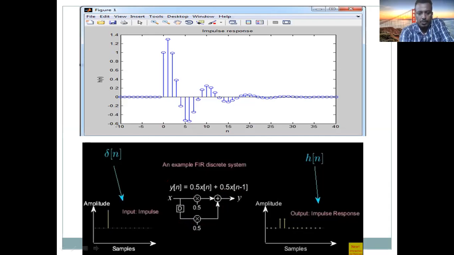So here we have the difference equation. What are the coefficients here? Output side coefficient 1, input side 0.5 and 0.5. So let's go to our MATLAB program.